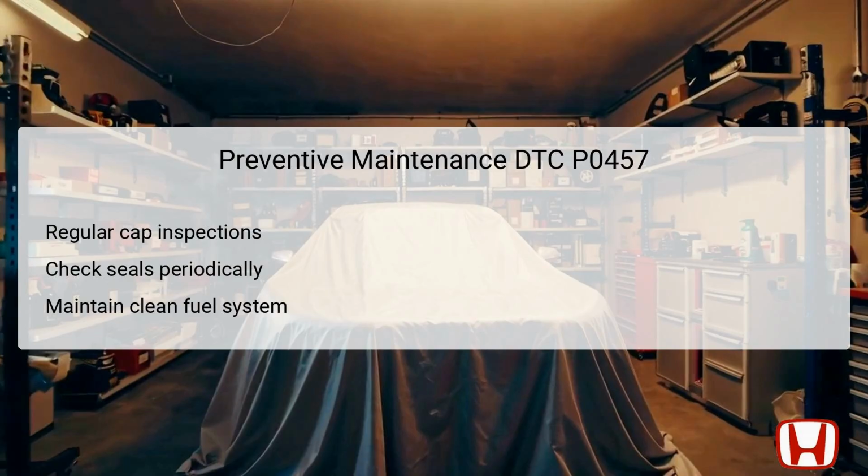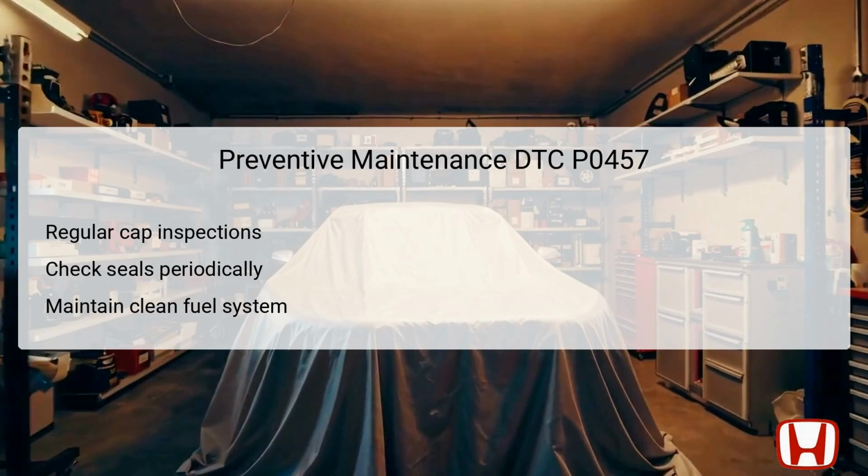Preventive maintenance is essential in avoiding issues related to the P0457 code in the future. Regularly inspecting the fuel fill cap should be part of your vehicle routine. Checking it for proper seating and tightness can prevent many evaporative emissions problems. Additionally, it is wise to routinely check the seal for wear and tear, as replacing it beforehand can save from significant issues later.